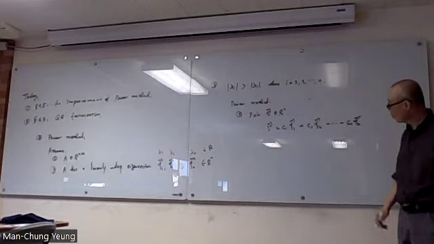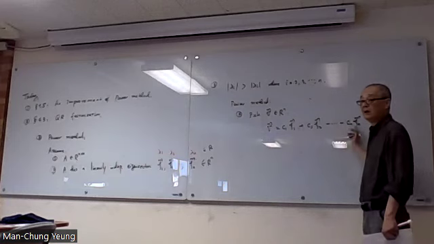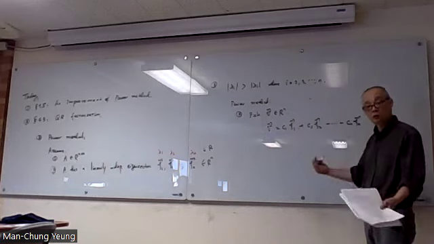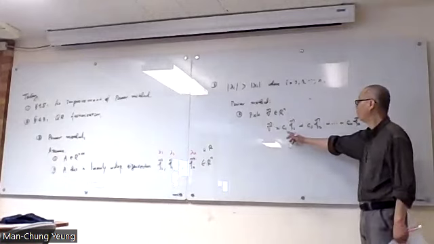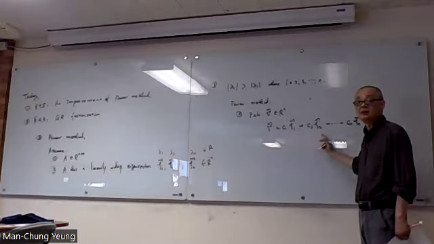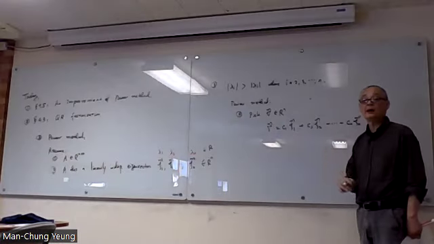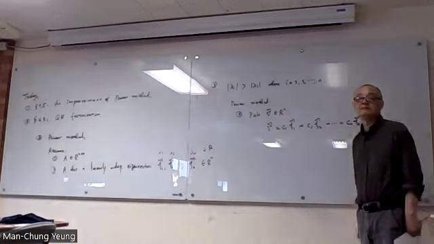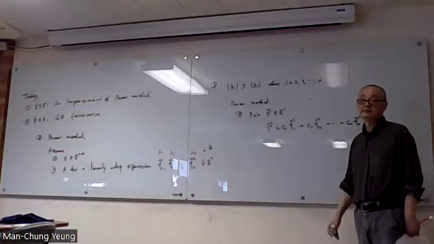Because I don't know the eigenvectors, I want to compute them, I don't know what C1, C2, Cn are. But I'm sure they exist.